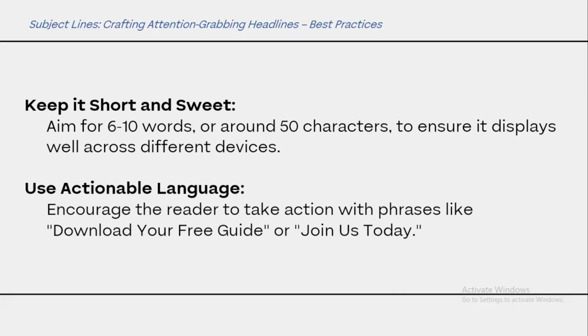Use actionable language. Encourage your readers to take action with phrases like download your free guide or join us today, and so many others. Using actionable language drives action. When you use passive communication, then you experience passive reactions.